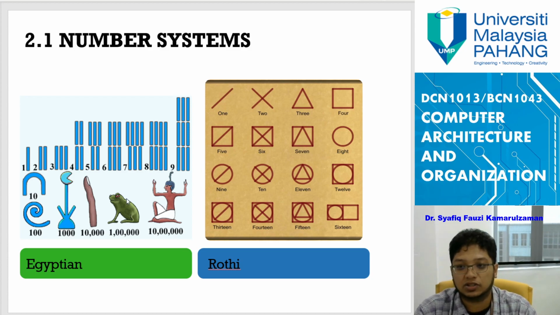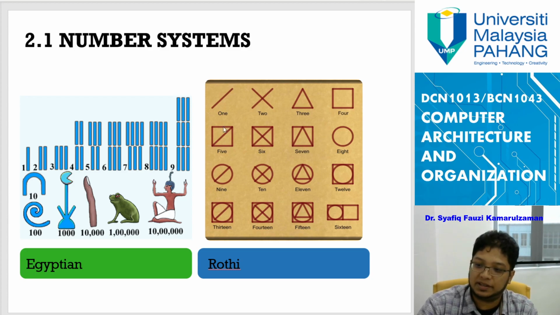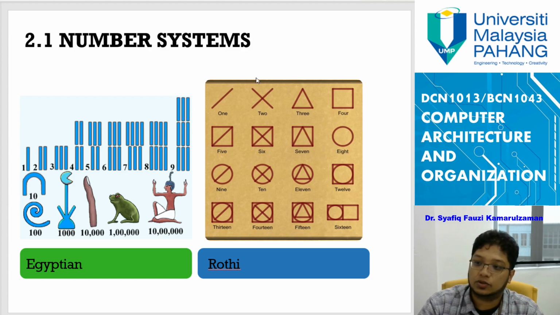So this is not representative of a good number system that we can use these days. Another example is the one from the Roman civilization. So you can see that we have different kinds of representation of numbers within the number system.